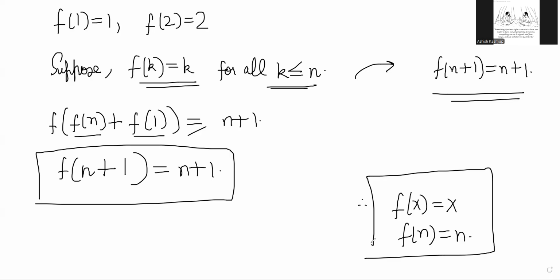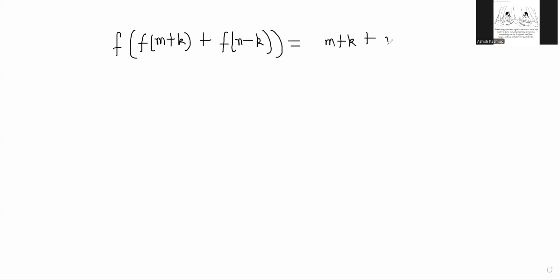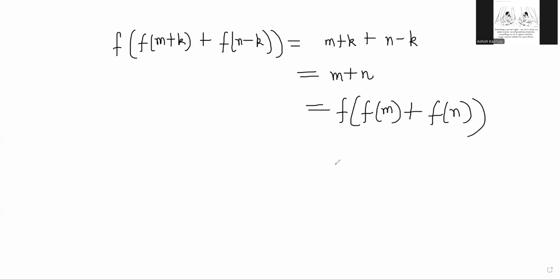So here again, we use the fact that it was a 1-1 function. We simplified the 1-1 condition. If you remember, we got something like this. We got f of m plus k plus f of n minus k is equal to m plus k plus n minus k. We got this as m plus n. And then what I had not mentioned earlier, what we could have written it as f of m plus f of n, right?